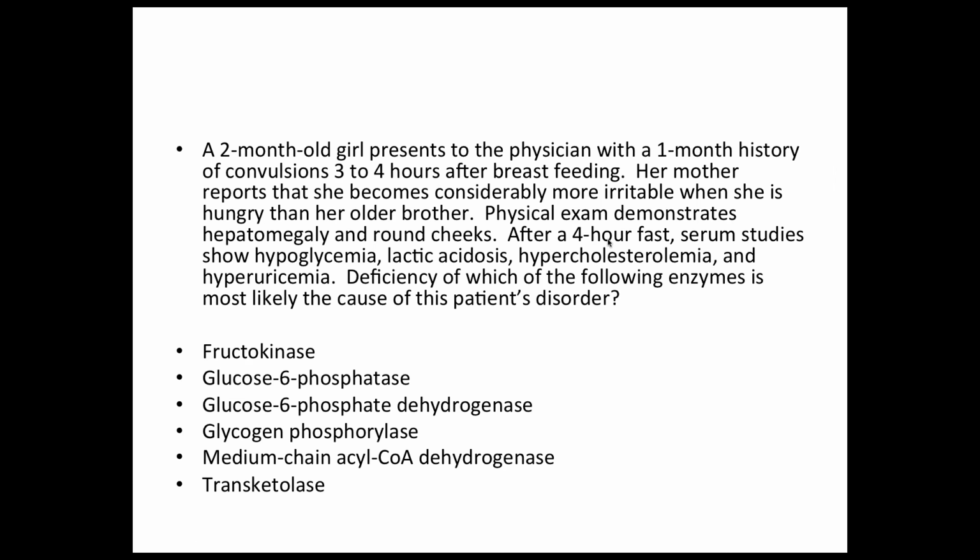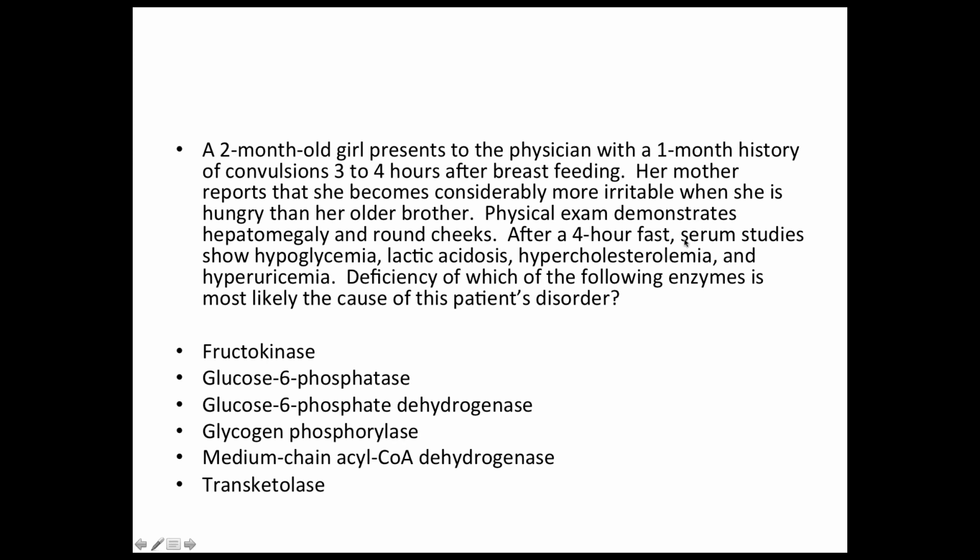We cannot break down the G6P into glucose, so there's more G6P in our hepatocyte, and it goes down glycolysis, making NADH. So that's why we have the lactic acidosis. And for the hypoglycemia, we cannot release the glucose into our body, so there's a low glucose level in our blood. Yeah, very good.